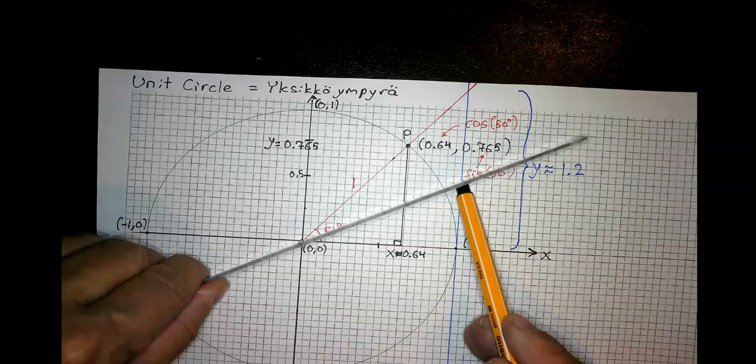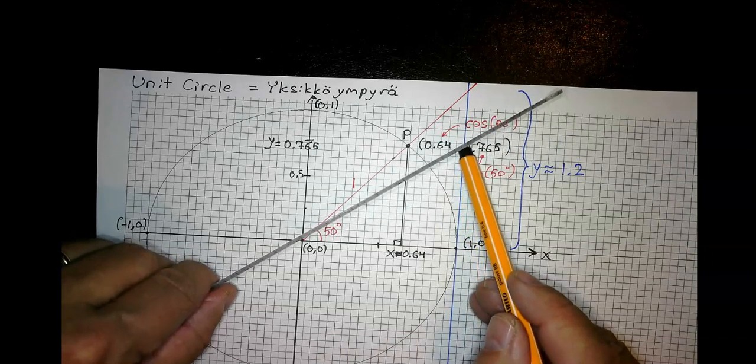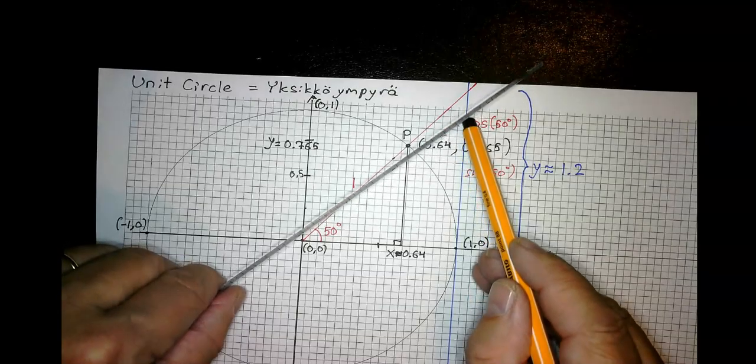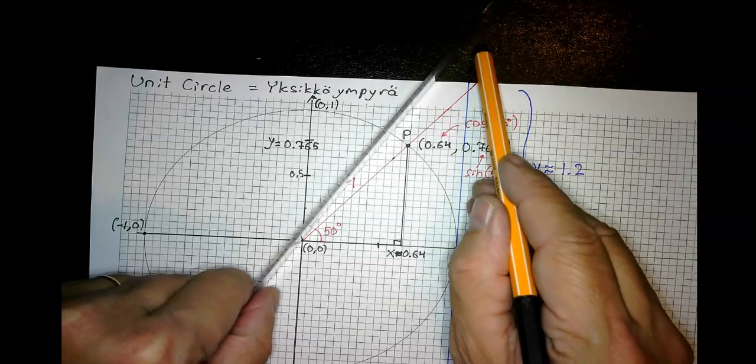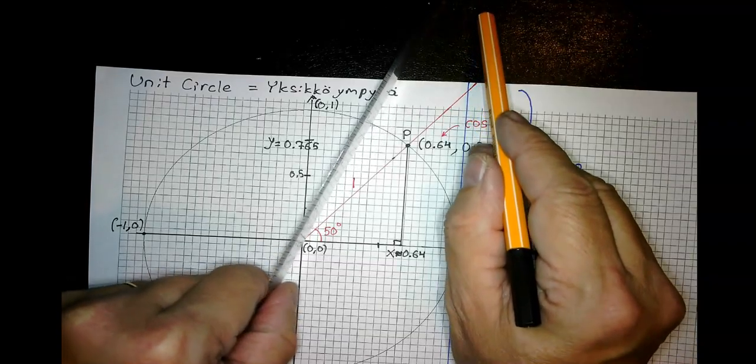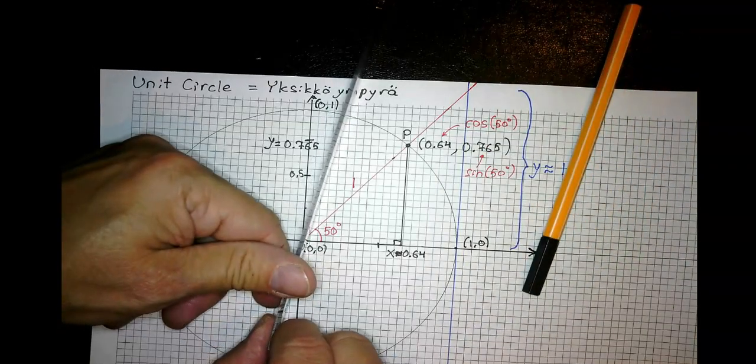So the height of this point, with my pen, is the value of tangent, and now it goes, like you can't see anymore, it goes high there, and the angle goes upwards.